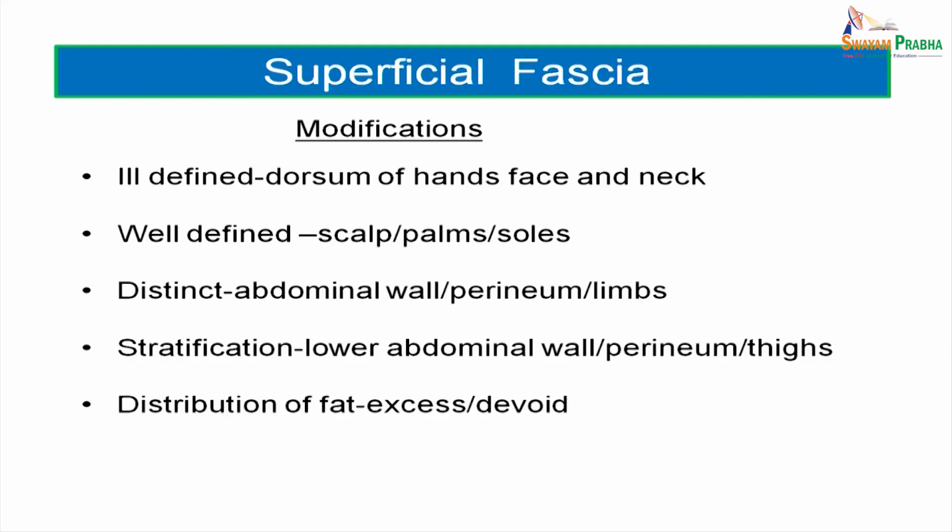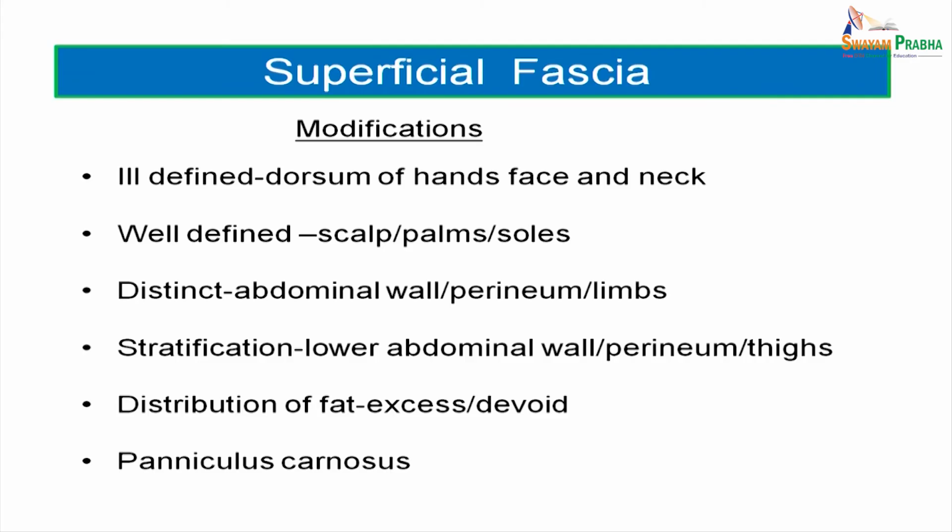The distribution of fat varies from either being absent or in excess. So, depending on whether you need excess packing material, we have the distribution of fat varying in different zones.